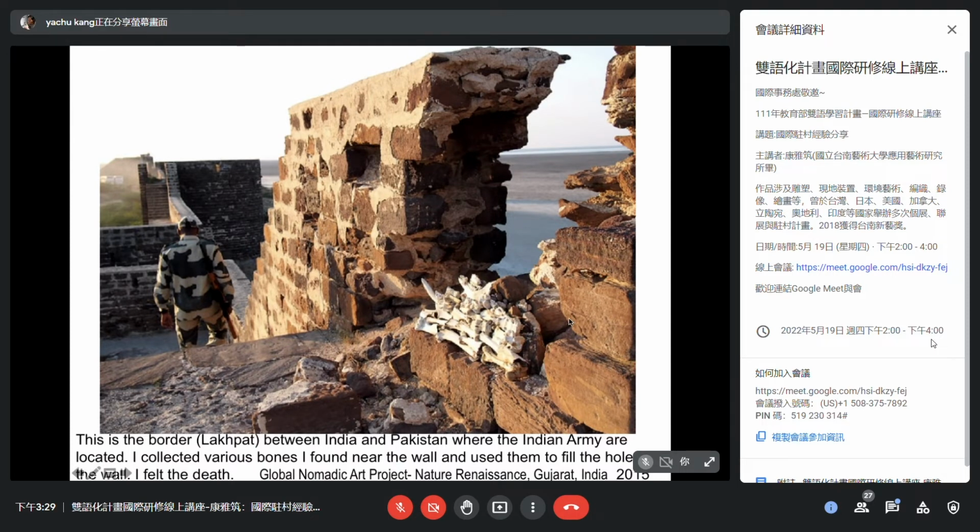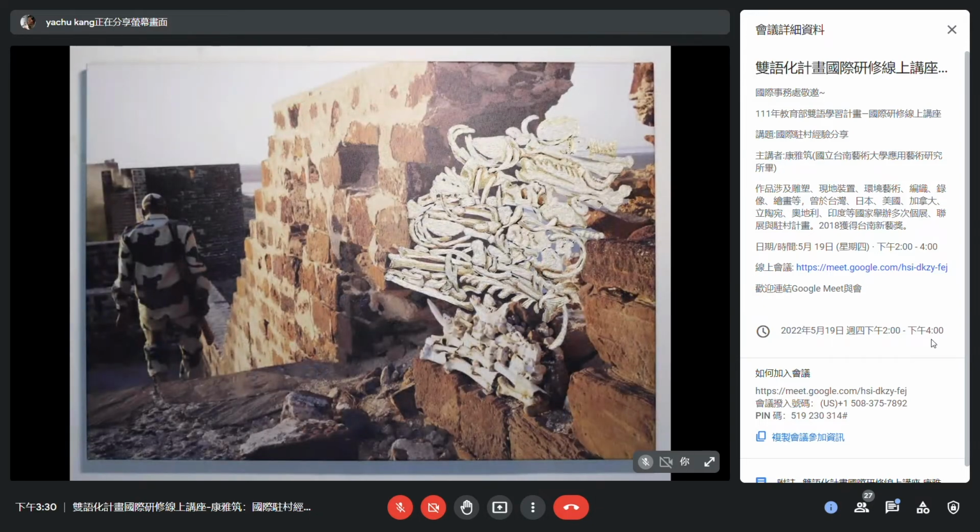So I tried to use those bones to cover this hole. But of course, the hole is really big. I cannot really cover it. So after that, I create this work using embroidery to stitch the image of the bone from a human being skeleton to fill the hole.